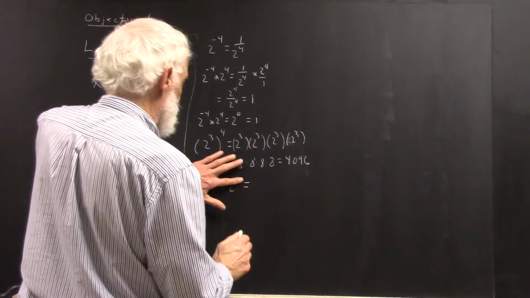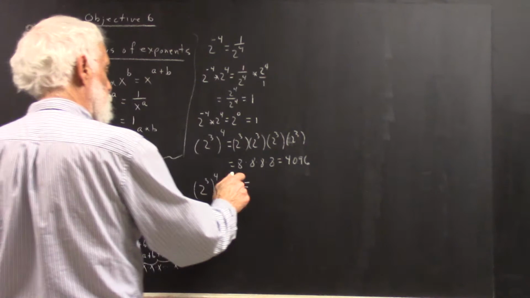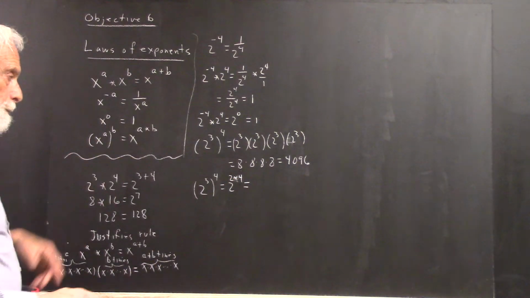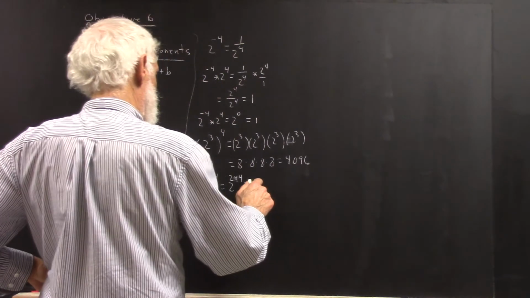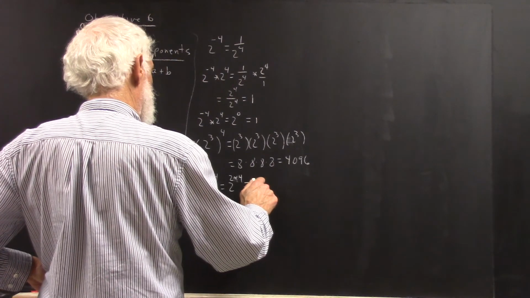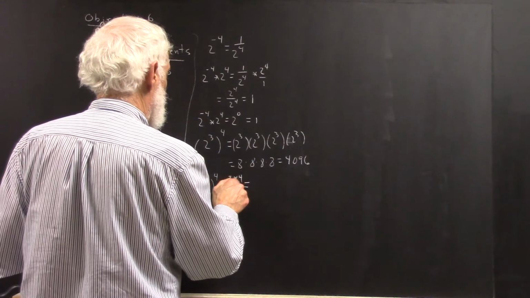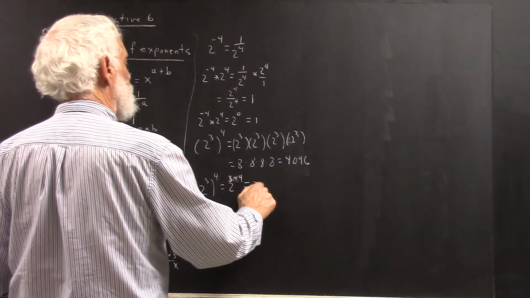Well, okay, let's write it out. 2 to the 3rd to the 4th is 2 to the 3 times 4 by this rule, which means it's 3 times 4, not 2 times 4. 2 to the 3 times 4, which is 2 to the 12th.